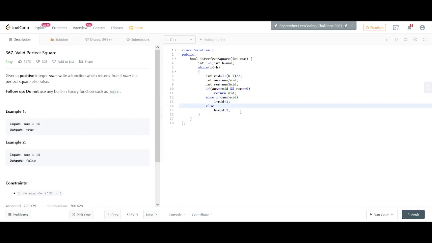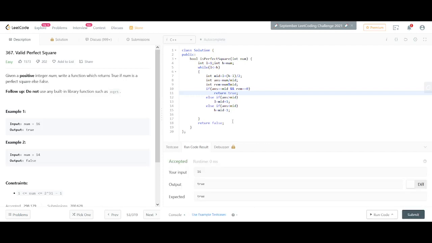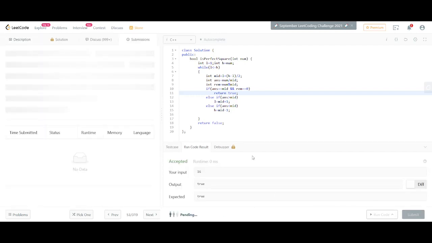If the mid value is greater, then we can simply say, just answer less than mid, and then we do it like this, and we can return false. We are required to return true over here, right? So that's it. We are following basic binary search. We'll be discussing some questions related to binary search later. This is a good enough approach, and I think this should work.